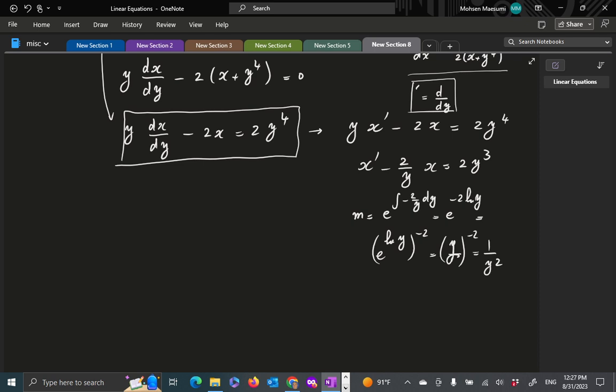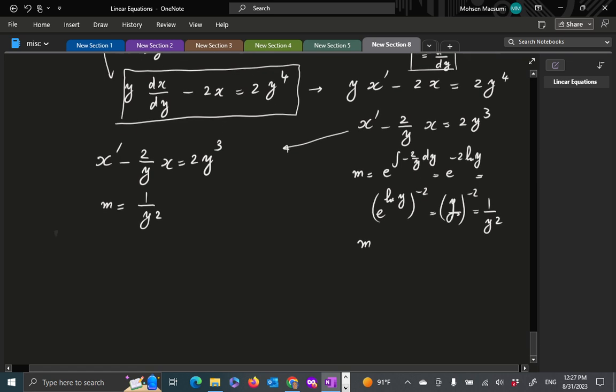So what do I have to do here? I take my standardized equation, x prime minus 2 over y x is equal to 2y cubed. I figured out that my integrating factor is 1 over y squared.